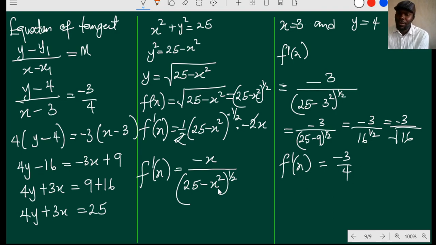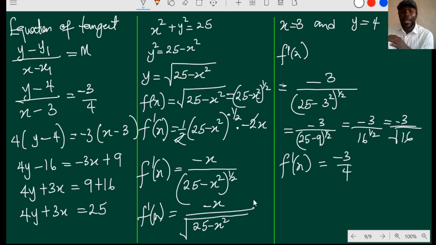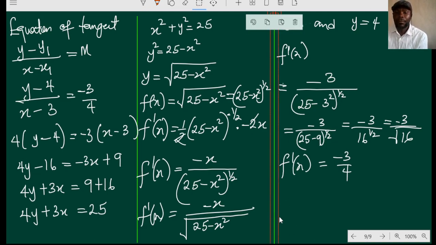This now shows us that you can rewrite this as minus x over the square root of 25 minus x squared. This analysis lets us know that all of what I'm writing here is the derivative. I want to show you something.